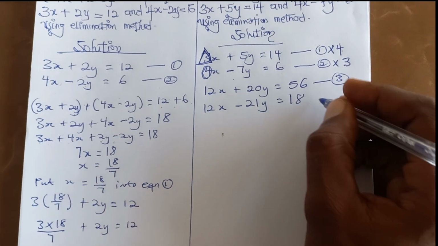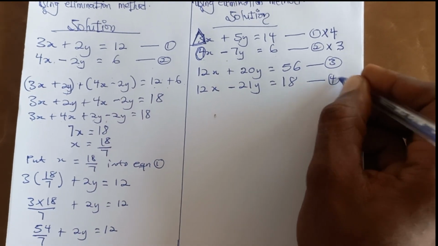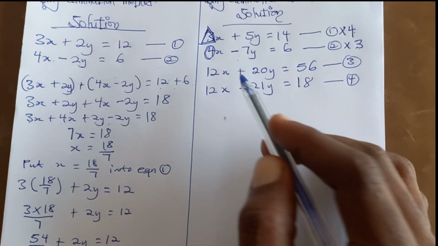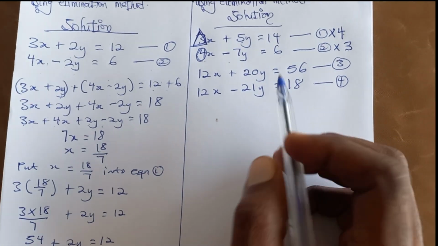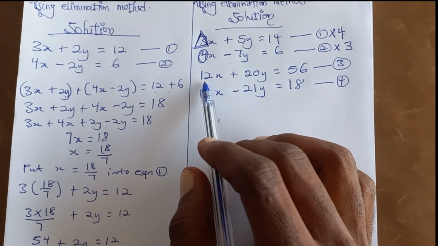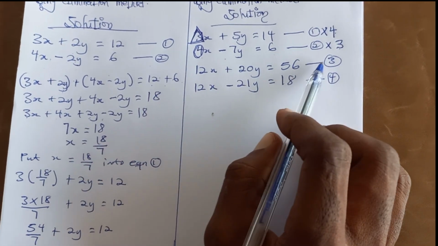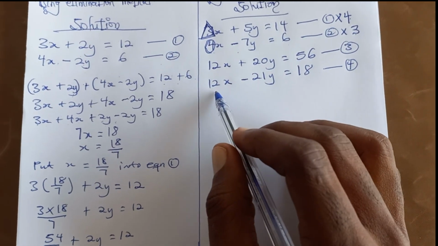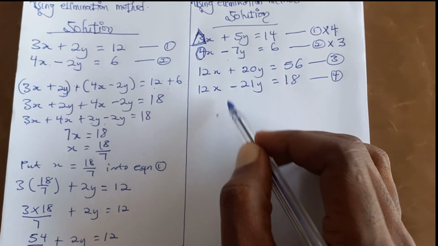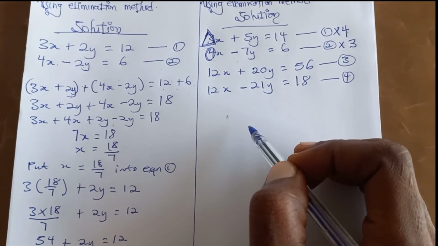So this becomes our equation 4. Good. Now we can compare the coefficients of the variables. For the variable x, the coefficient is 12 in equation 3, and the same 12 in equation 4. So now we can add or subtract.